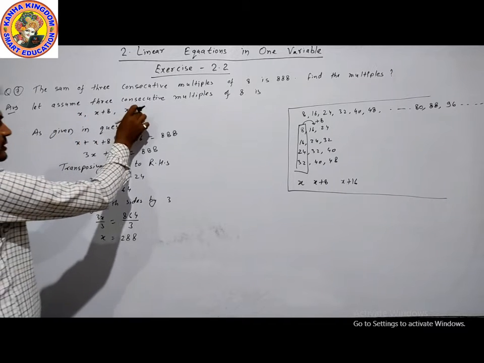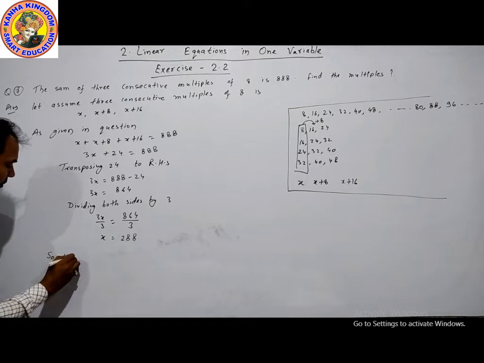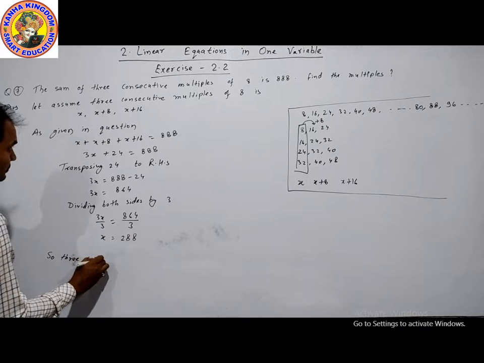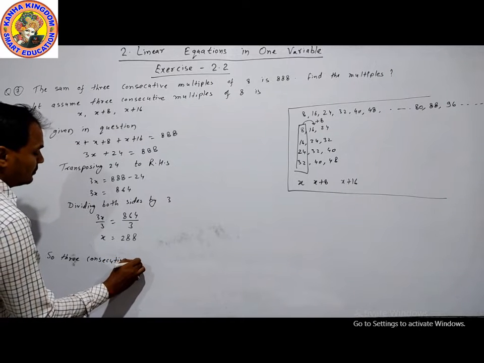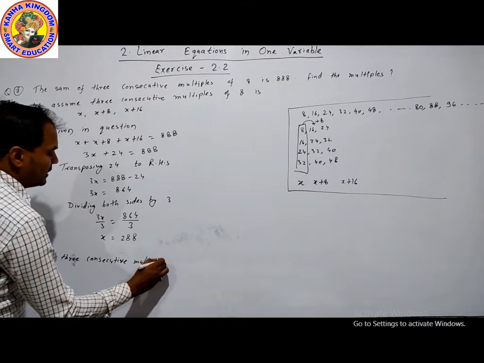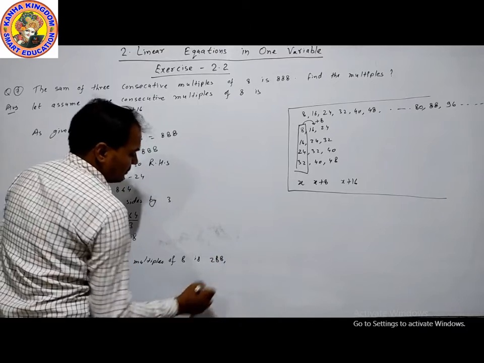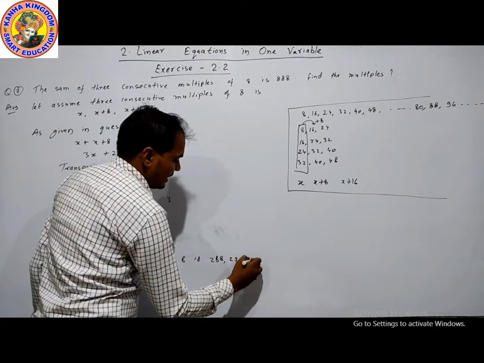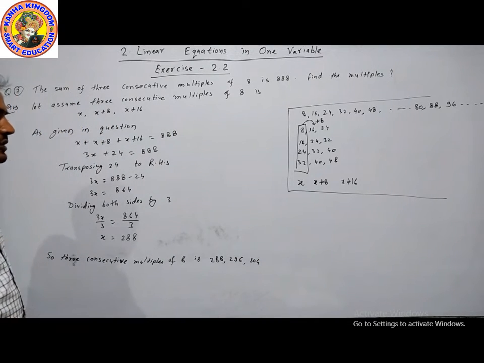Then the next number is plus 8, and the next is plus 16. So the three consecutive multiples of 8 are 288, then we add 8 to get 296, then we add 16 to get 304.